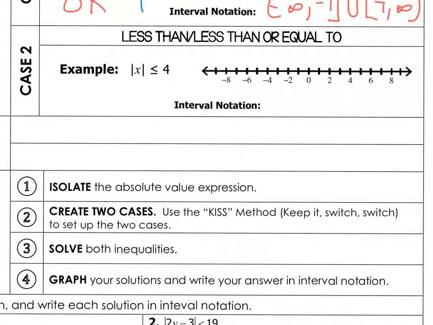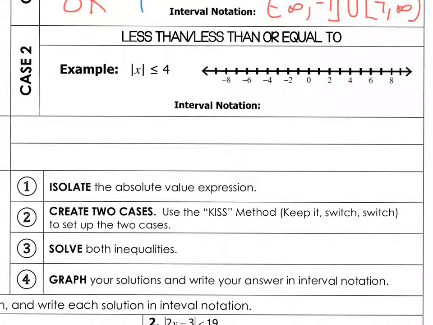So in this next example, we'll see a slightly different situation, because now we have the absolute value of x is less than or equal to 4. Okay, so now let's think of values of x that would make this statement true.